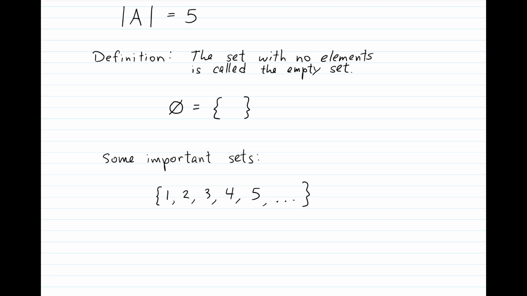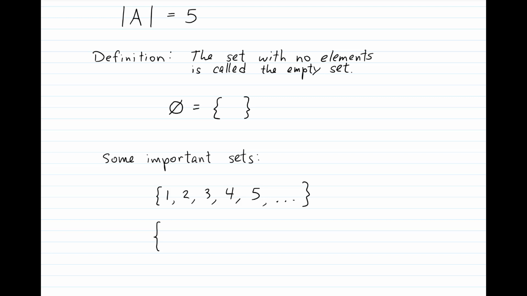Okay, so that's the natural numbers. Then you have the integers, which is the natural numbers along with 0, along with the opposites of all the natural numbers. So that would look like this.